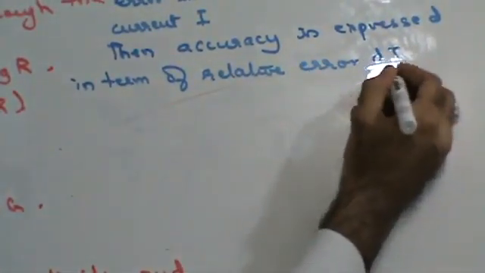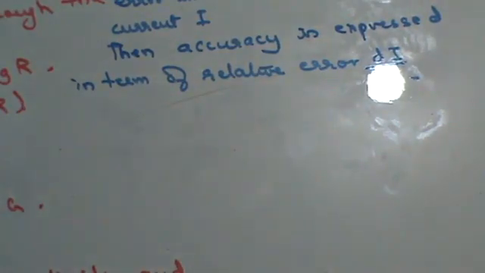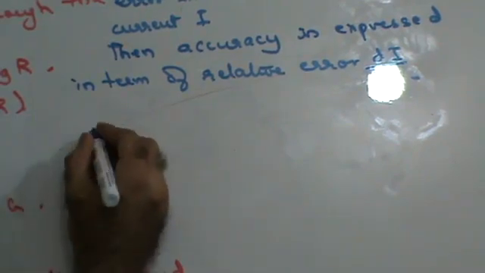So accuracy of a moving coil galvanometer is measured in terms of relative error di upon I in the measurement of current I.